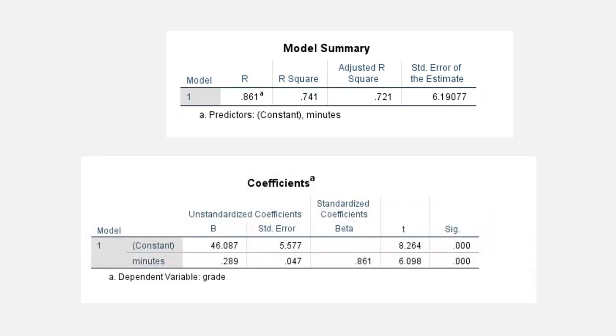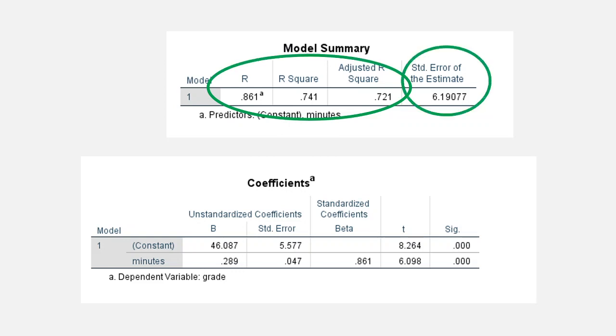At the bottom, in the coefficients part of the output, that's where you see all of the components of your best fit regression line. So the places you're going to want to look at to get those components for your best fit line. Okay, your slope is going to be here. It's going to be to the left of the output under this unstandardized coefficients and under that B column.